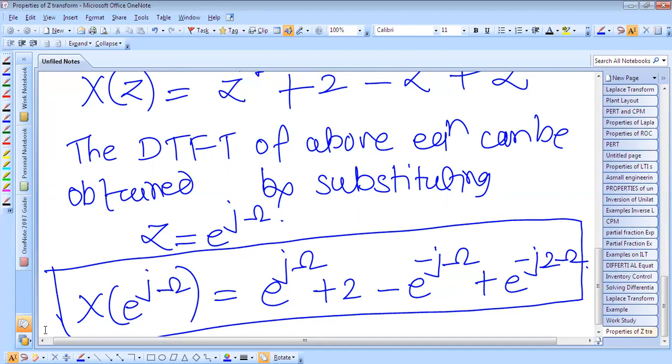Now next is the properties of the Z transform.